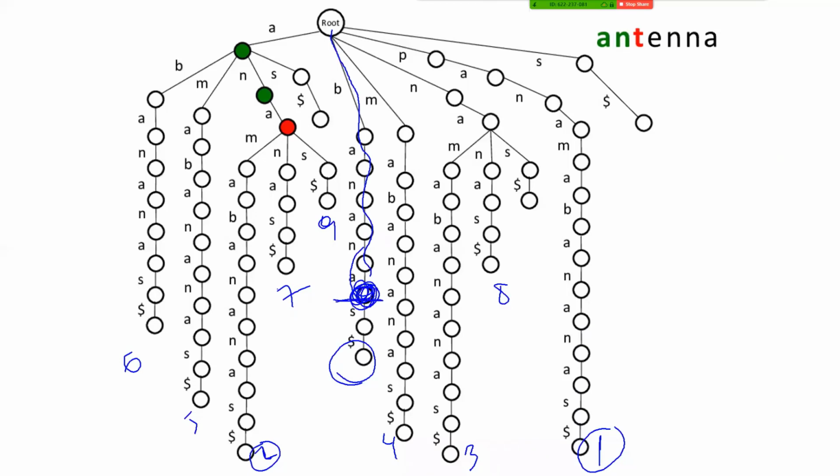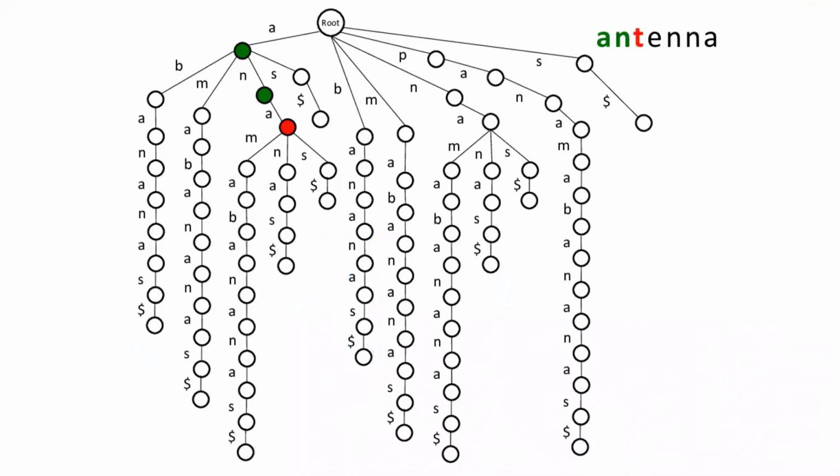After I discover that the pattern is present, because I was able to match with every character of the pattern, I have to keep going down this path all the way to a leaf node and look at the number for this. I think this was supposed to be 6. And that tells me what the starting position of this B is.